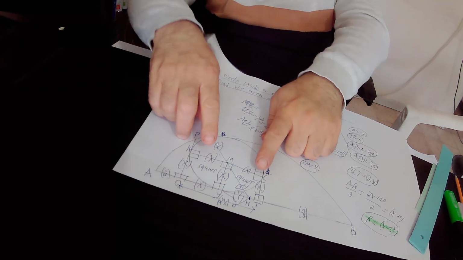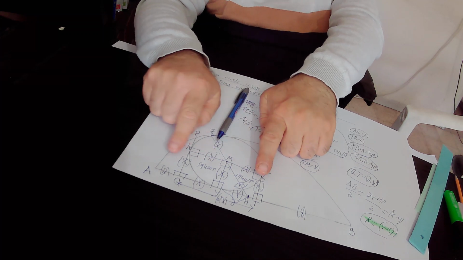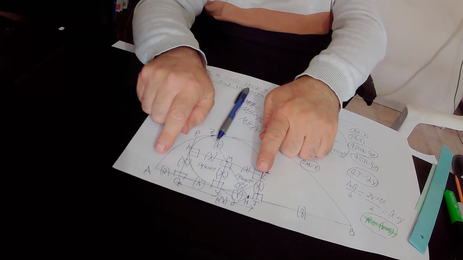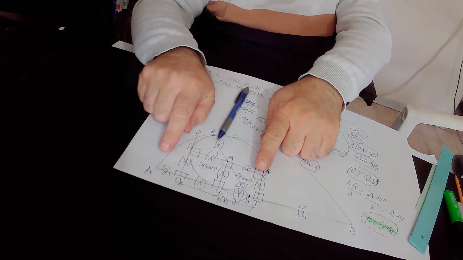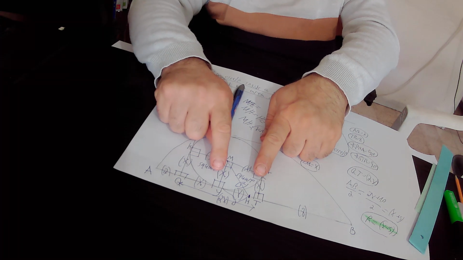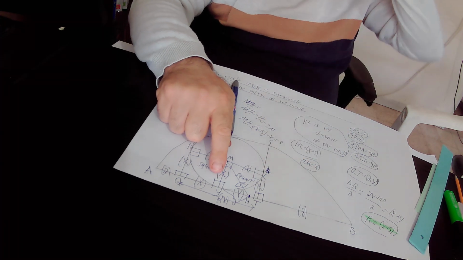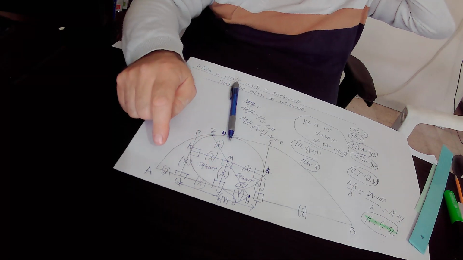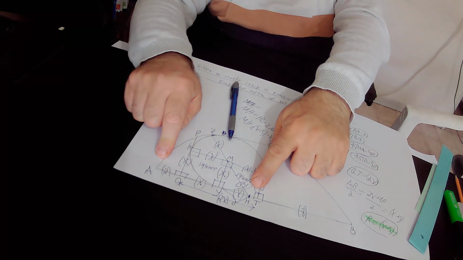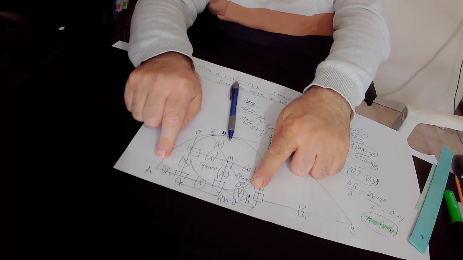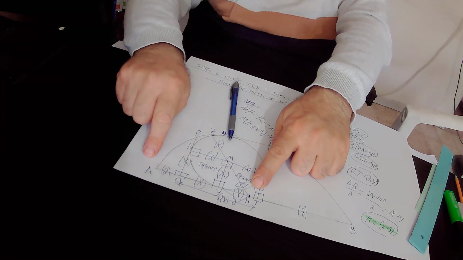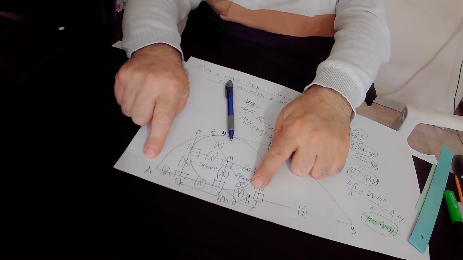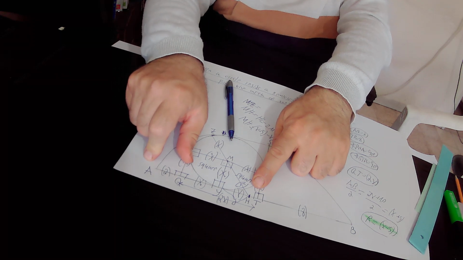The length of line segment YH is actually equal to AH, that is the radius of the semicircle, minus AQ minus QY.